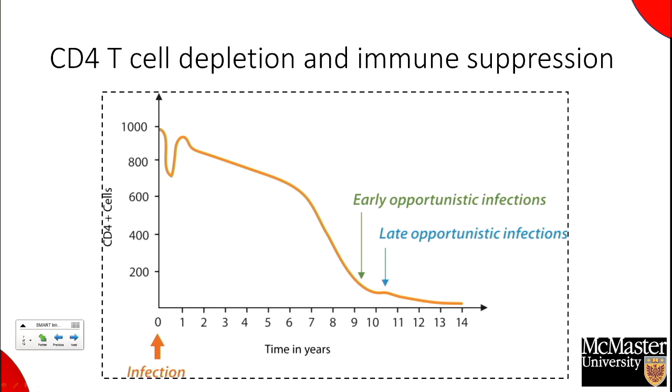The bone marrow tries to replenish those CD4 T cells, and you get that spike. But then it gets exhausted, it can no longer take it, and it starts to decline. So at this stage, you're constantly replenishing, and the cells are constantly being destroyed. And over time, it gets to a point that it can no longer be replenished. Your bone marrow and your immune system are pretty much exhausted.